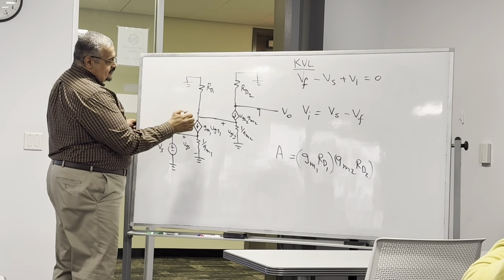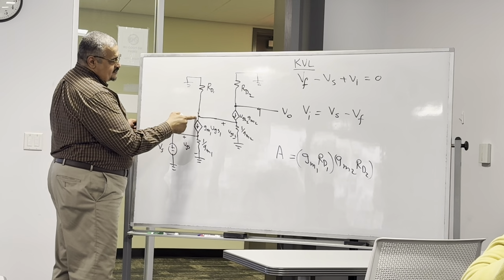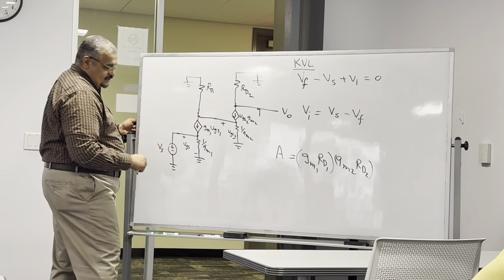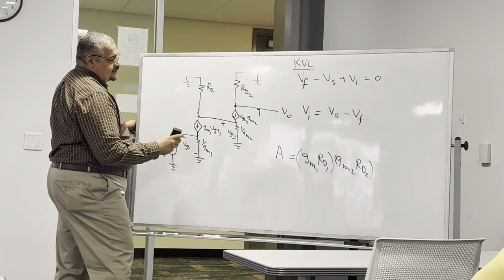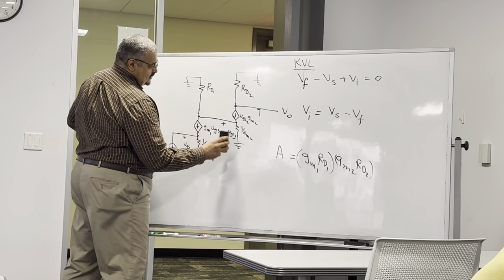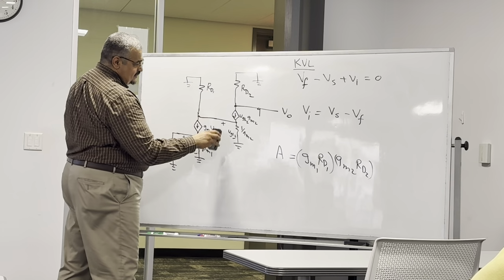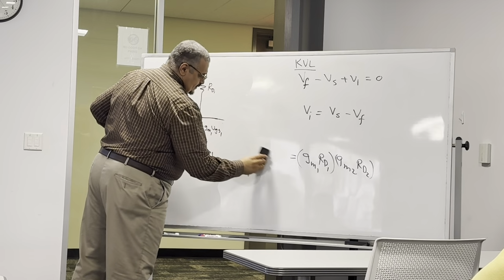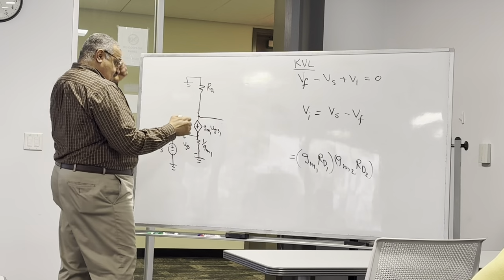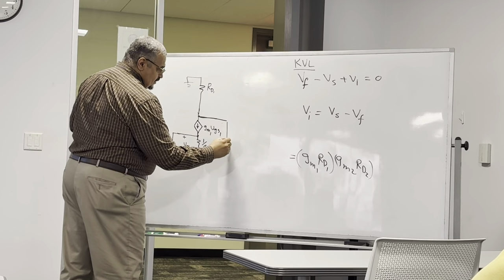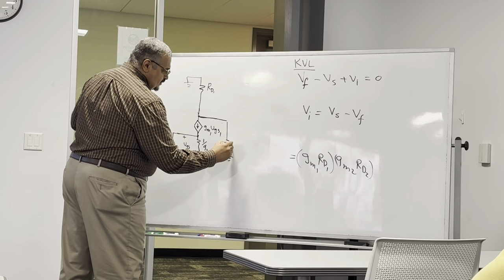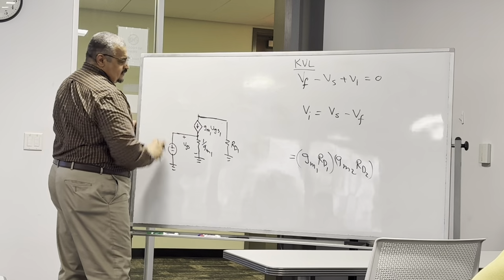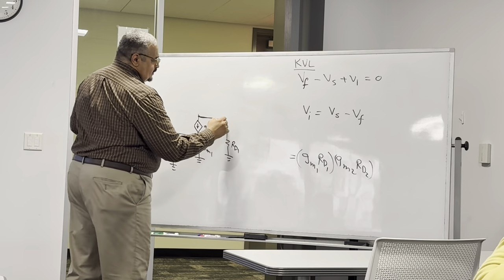Now, since this one is connected from this point to the ground, I have to bring it here. So I can just expand this. Let me erase this because I'd like to add this resistance here. So I'm going to draw this one again. This one comes here. This is RD1.